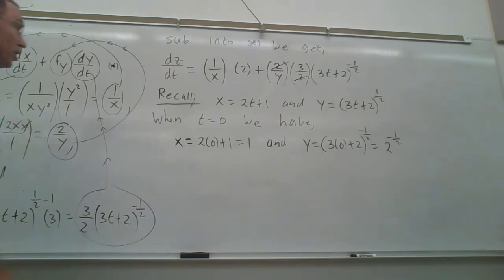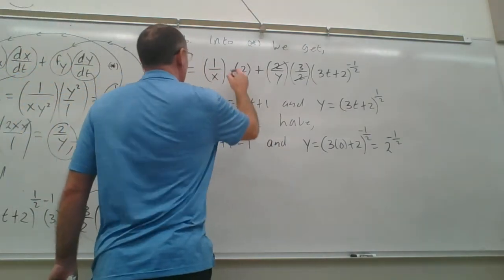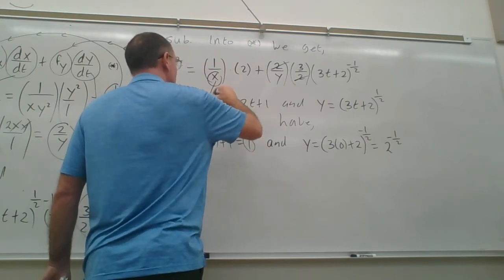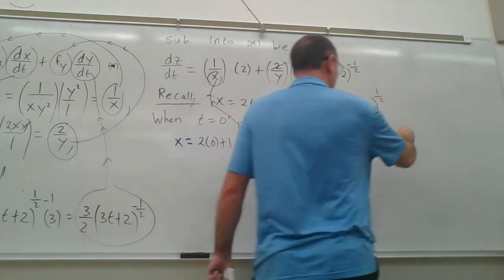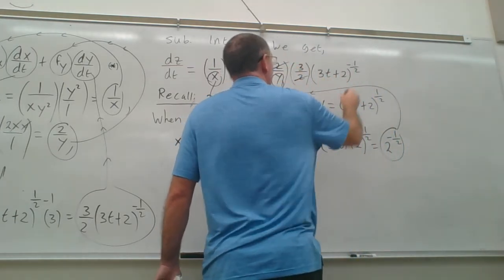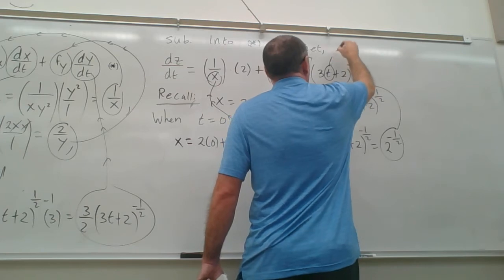Okay, so we're going to substitute that into this guy up here. So in place of x, I'll put 1. In place of y, I'll put 2 to the 1/2. And in place of t, I'll put 0.